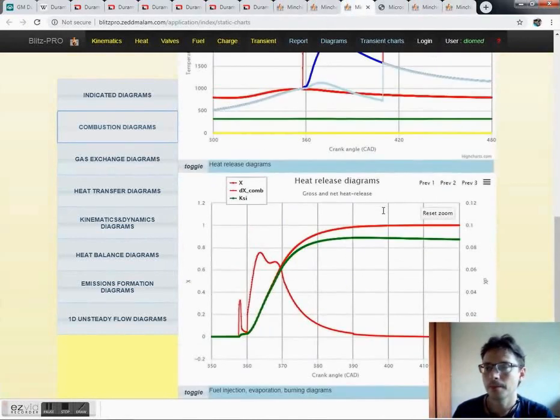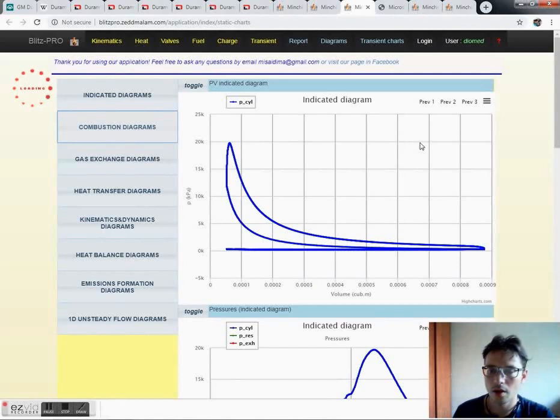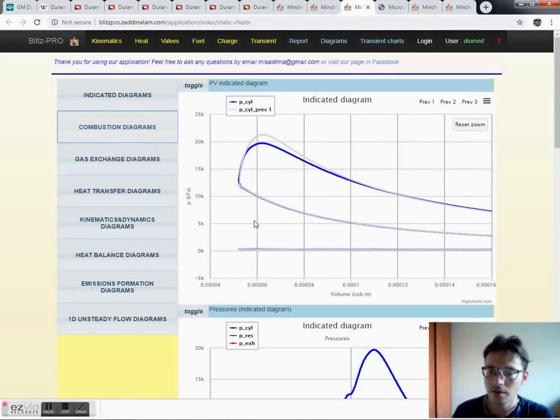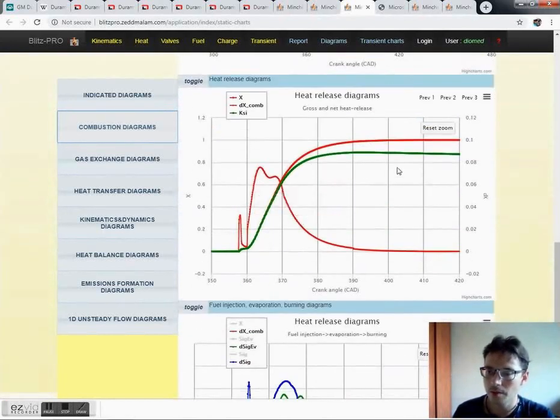We can also combine the diagrams for the single and double fuel injection. And as you can see, double fuel injection makes the pressure rise in the cylinder much smoother, and that helps to make engine operation much better. And also we can combine here the diagrams of combustion.